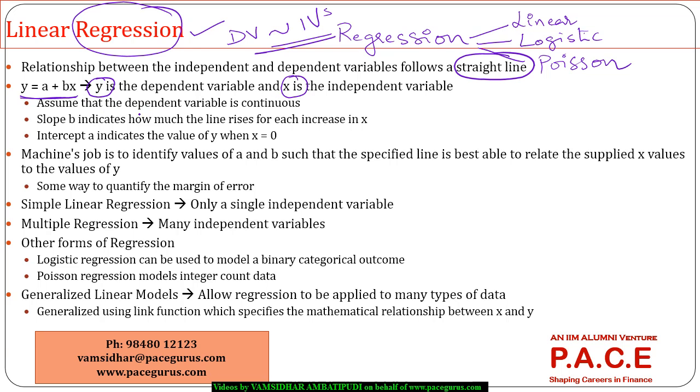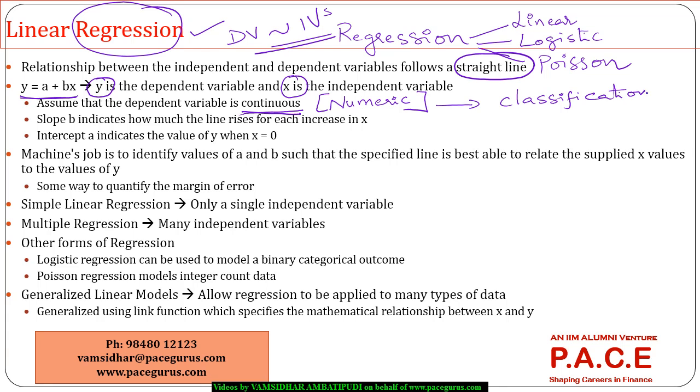A very important assumption is that the dependent variable is continuous. The word continuous means it's a numerical variable. It can't be a class or categorical variable. If it is a class or categorical variable, then it comes under the heading of classification models.